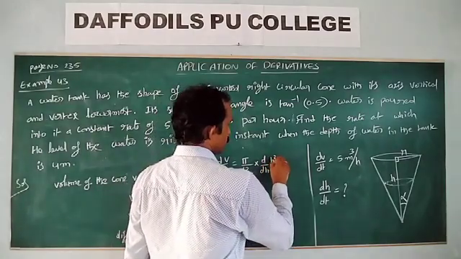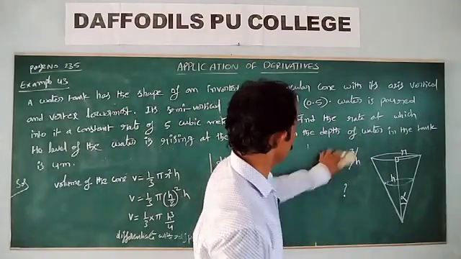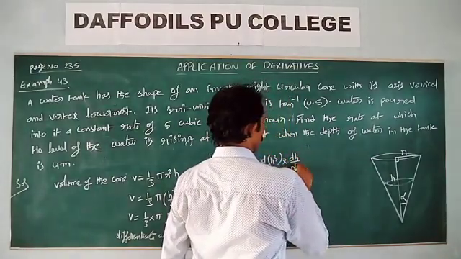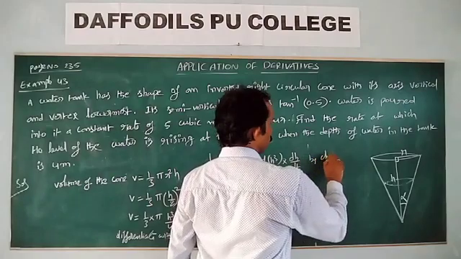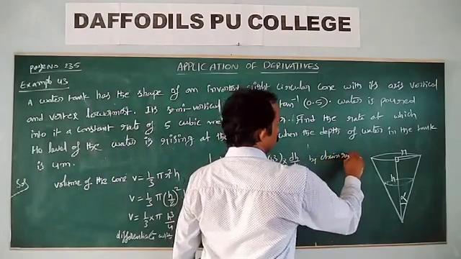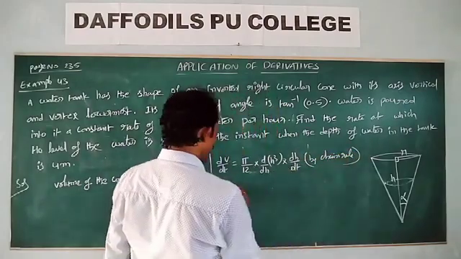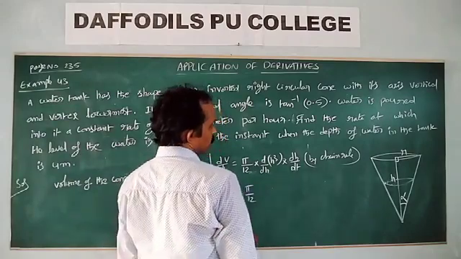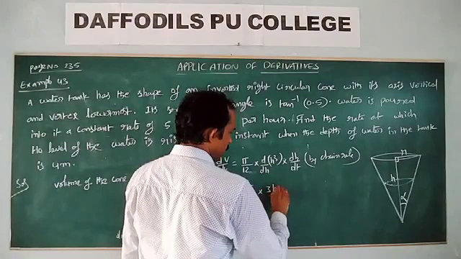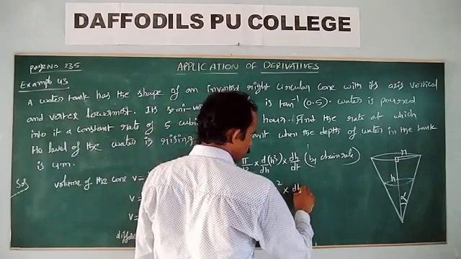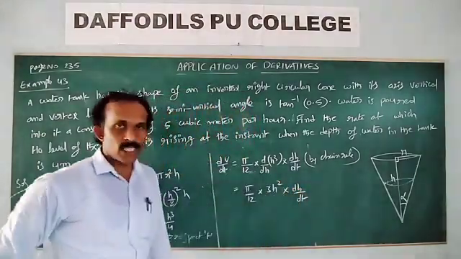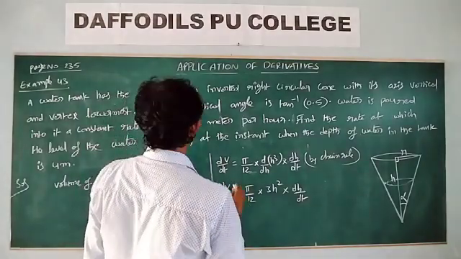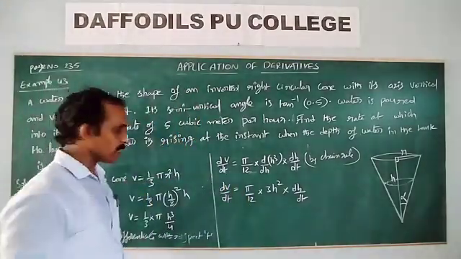Like this, you can also write by chain rule. dV by dt is equal to 5 cubic meter per hour.